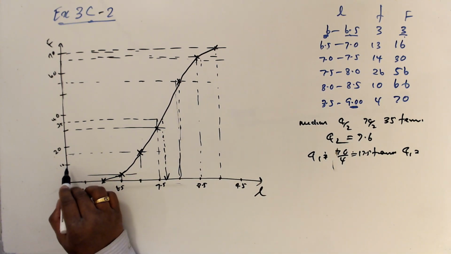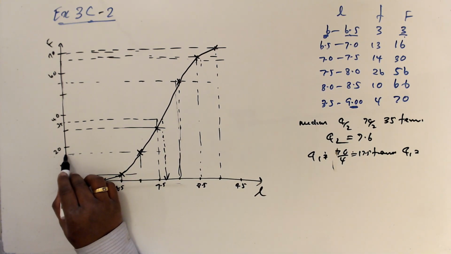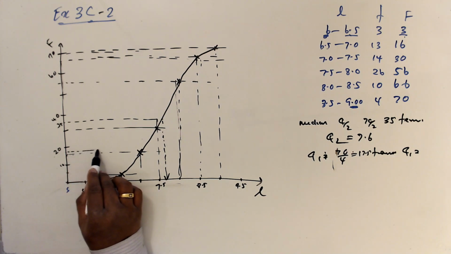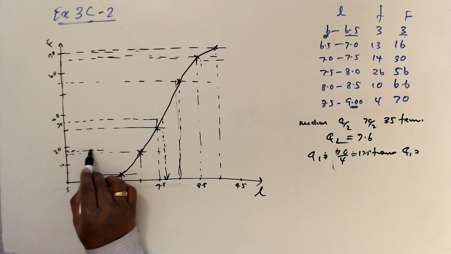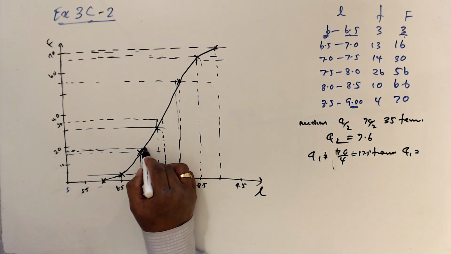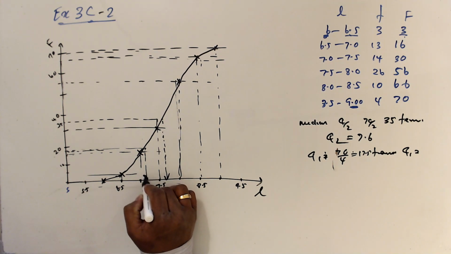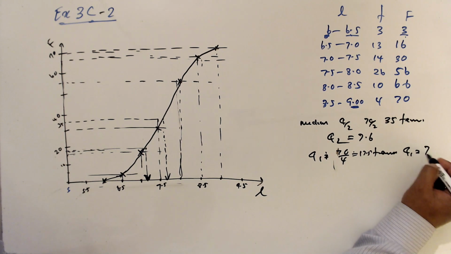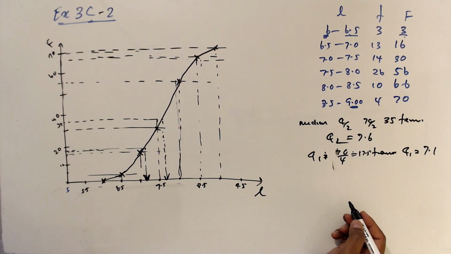This is 10, 15, 16, and 17.25. This is the value. It's going to be 7.1 approximately.